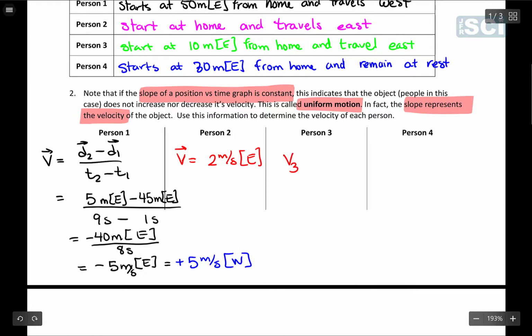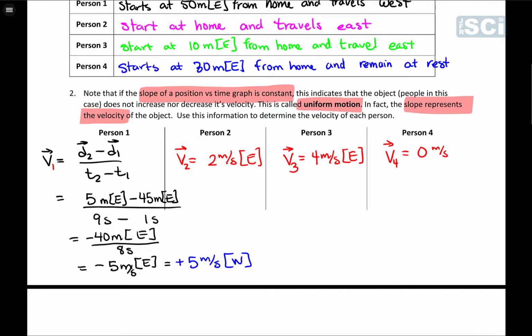Velocity for person 3 is 4 meters a second, and it will be east. And then person 4 will be a velocity of 0 meters a second. I don't need to put a direction on it because it's 0. It doesn't have a direction.